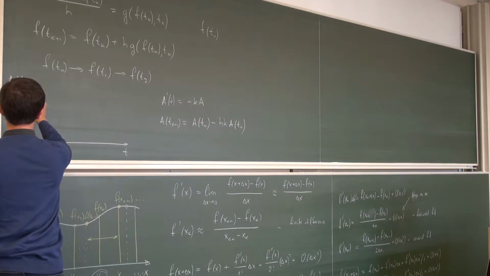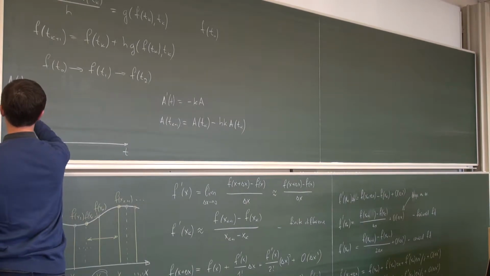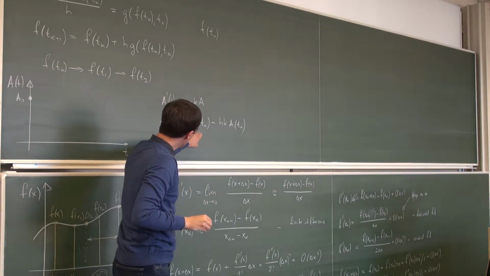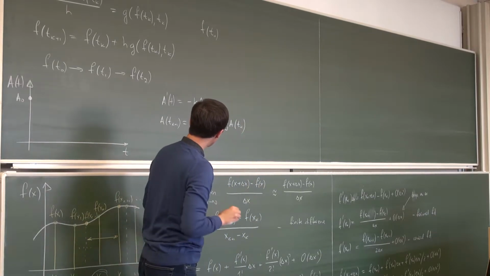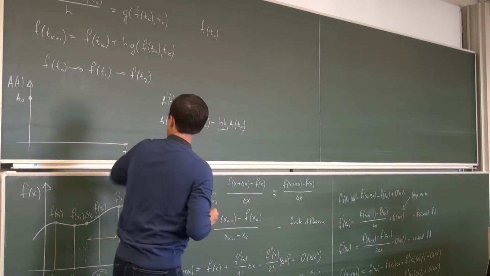If we begin here, that's our time 0. This is our a naught. A naught minus, so if this hk is a number, minus a fraction of its current value is the next value.